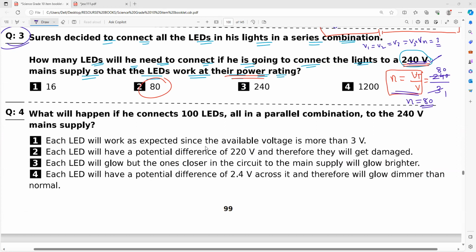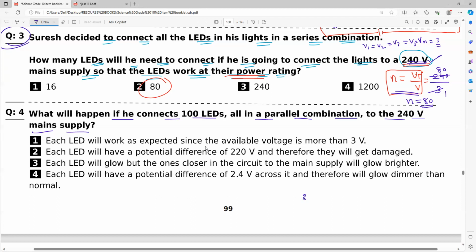What will happen if he connects 100 LEDs all in a parallel combination to the 240 volts main supply? What will happen? That is the question. Very simple question, even I have taught you many times.